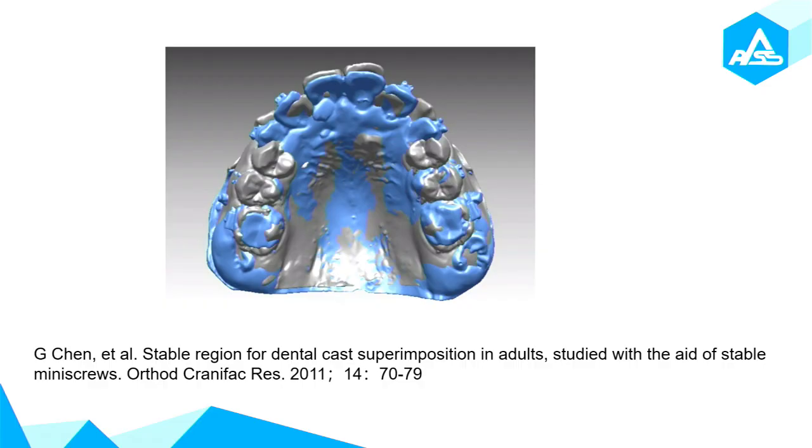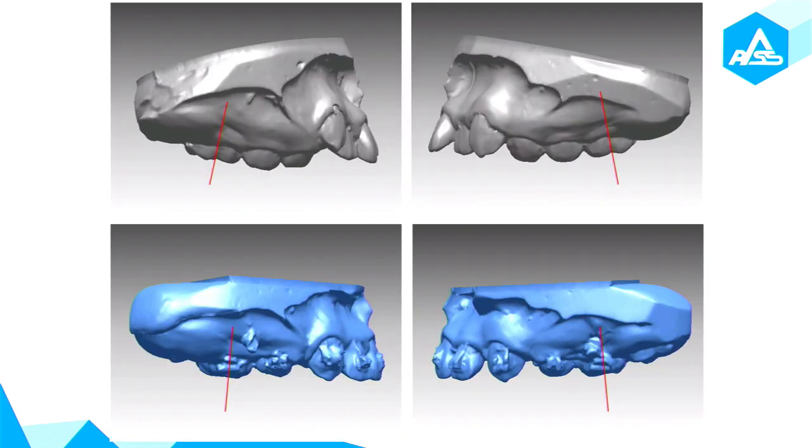You will see the posterior teeth move forward a little bit, and anterior teeth move backward. Then why, even without orthodontic force, does the first molar move forward?